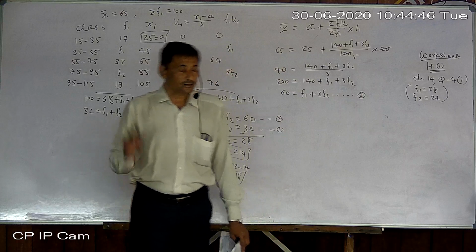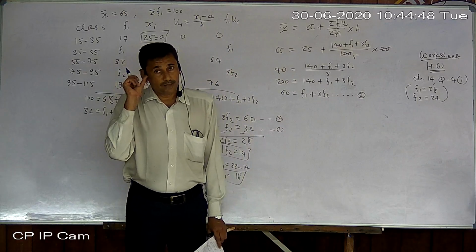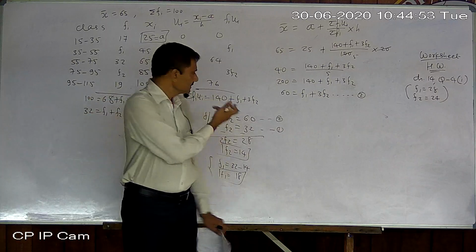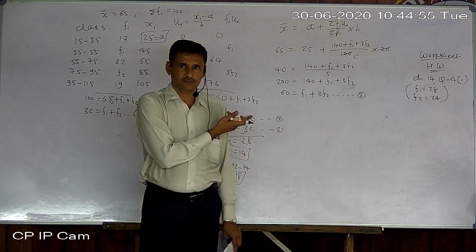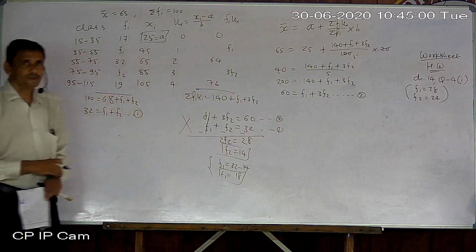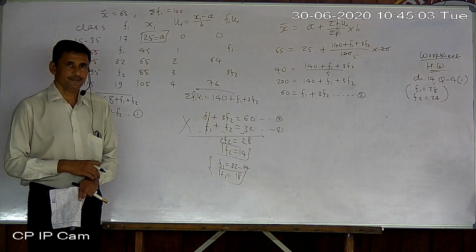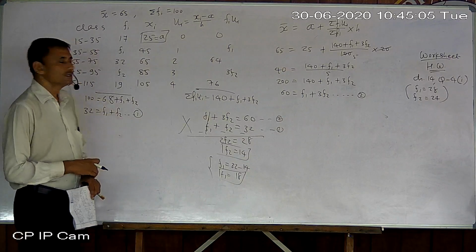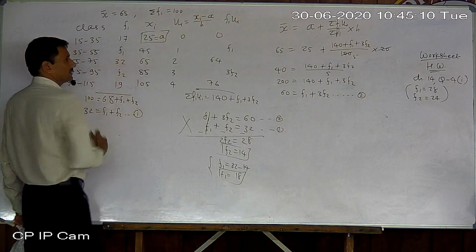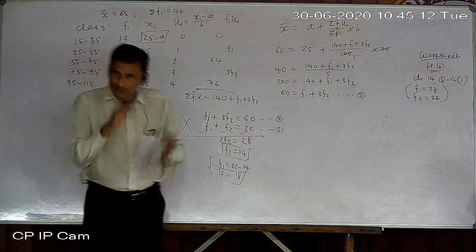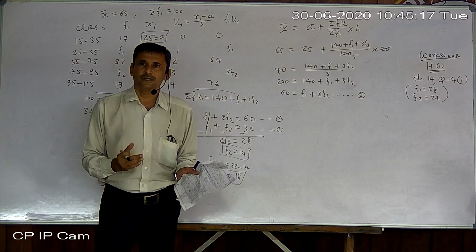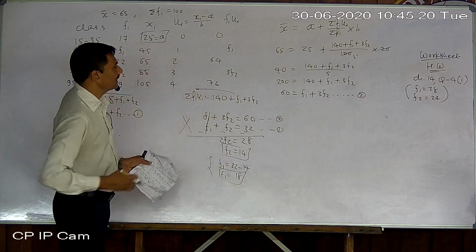And do not try by the direct method or by the assuming method. In both methods, the same types of problems will arise. So that is my purpose, to insist on the step deviation method only, and supposing A in the row of the first frequency only. That is our rule, not a universal rule, not given in the textbook. Okay, that is our rule.